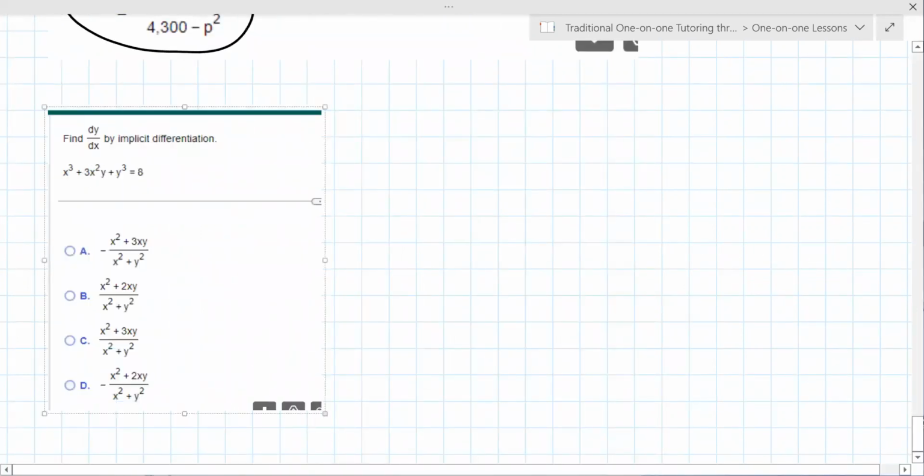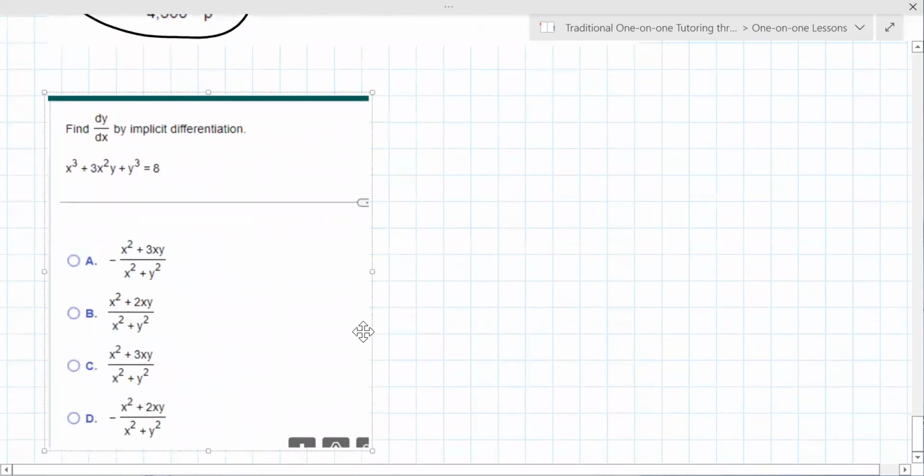Okay, so solve by implicit differentiation. The key here is to remember that when you take a derivative of y, the derivative of y is y prime or dy/dx. It's not just one, but you start with the 3x squared for the first term, and then the second one's really product rule.